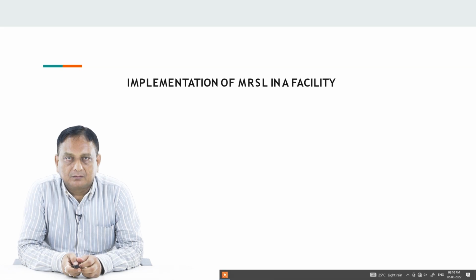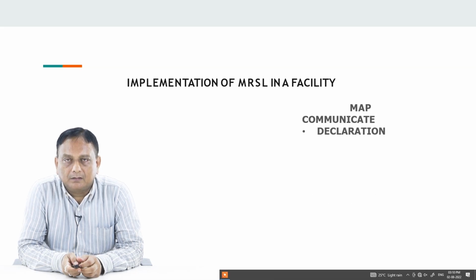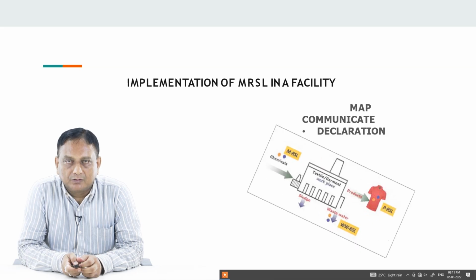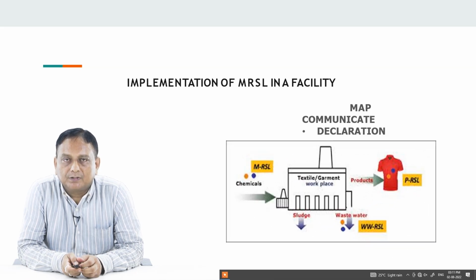Now how to implement the MRSL in a facility, that we need to check. If you map the total process and communicate, then we can see how MRSL differs. Different manufacturing substances used in textile or garment plants are to be controlled.